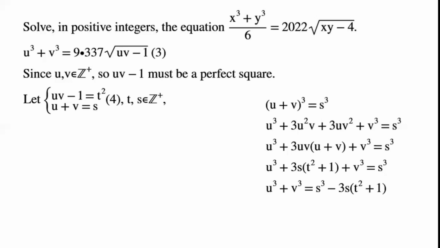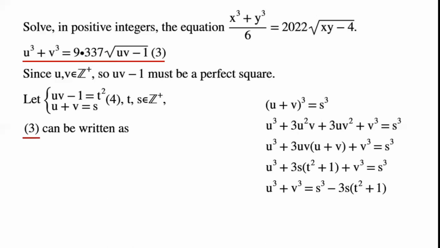By rearranging the equation, we have u cubed plus v cubed equals s cubed minus 3s times (t squared plus 1).